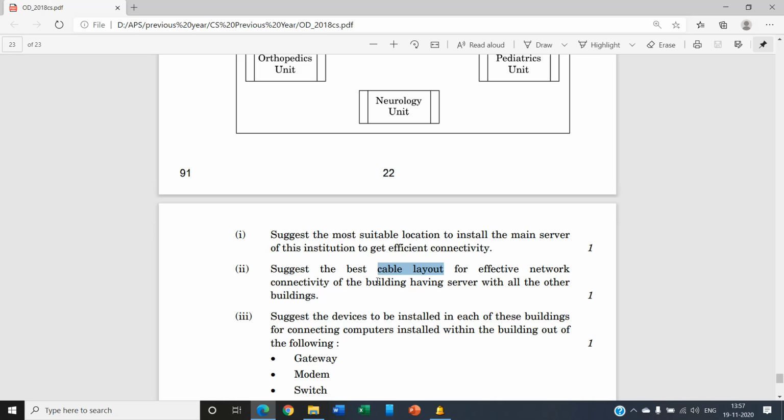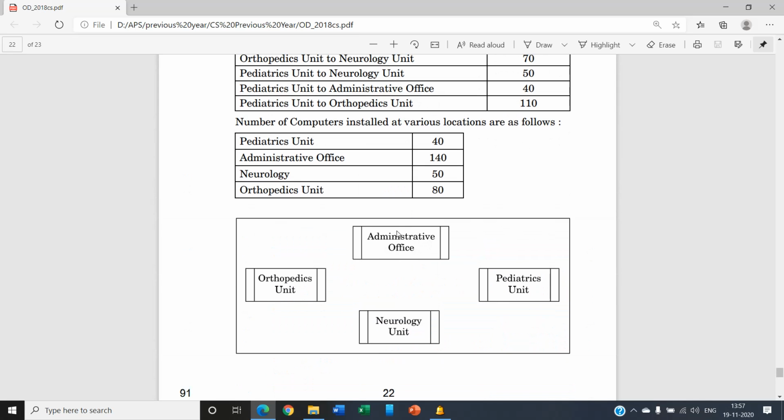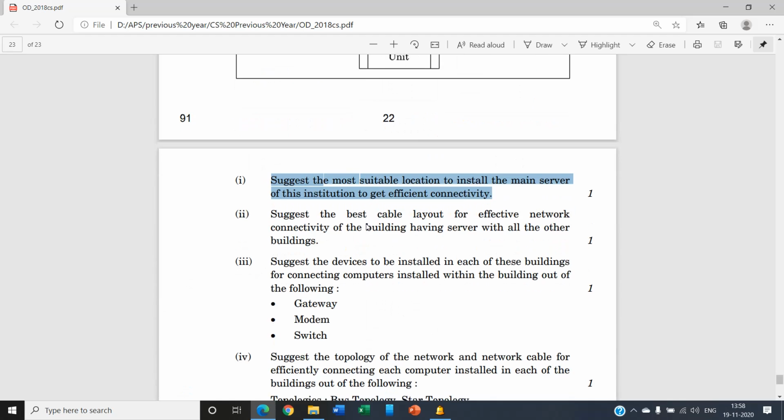The previous answer was for question number 2, and the answer to this one is that the main server should be installed in the administrative office only, since it has the maximum number of systems. And according to the 80/20 rule, 20% of the traffic should be local and 80% of the traffic should be outside. So you should host the main server in the administrative office.